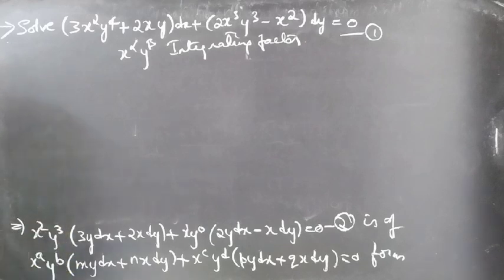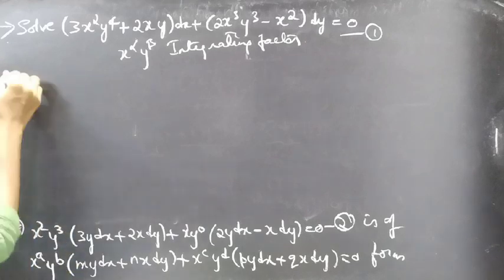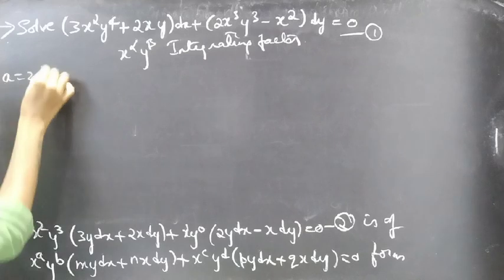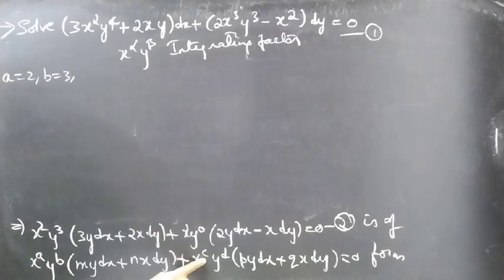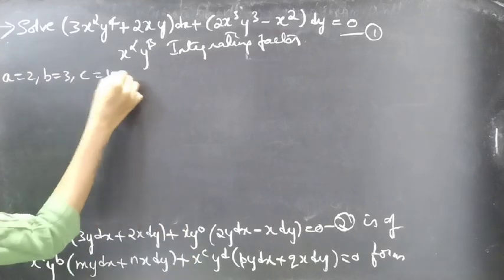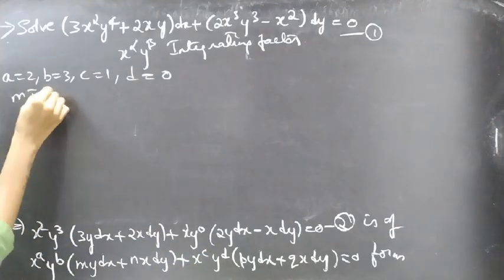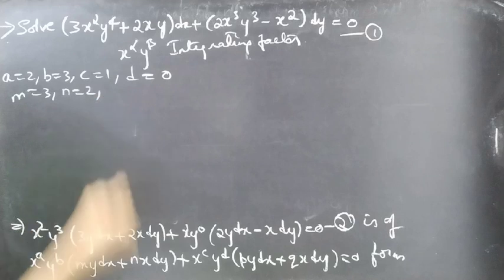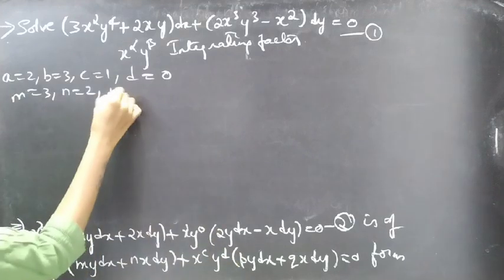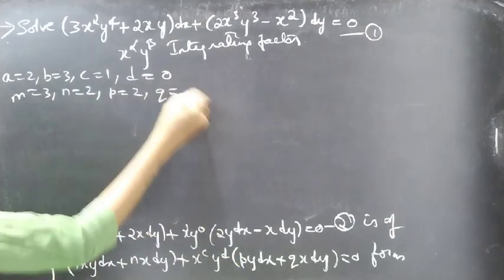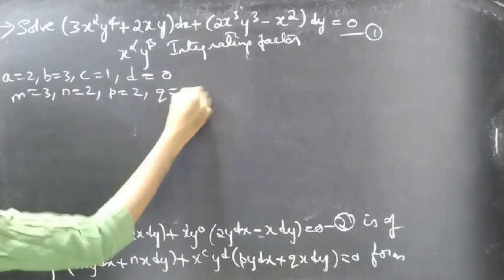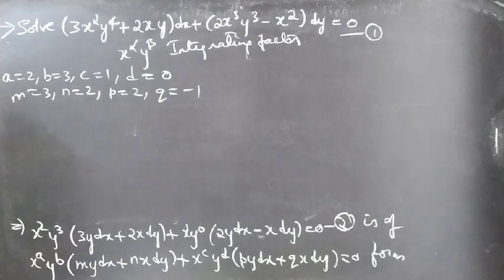Now let's compare these two equations and find the values of unknowns. We'll get a = 2, b = 3, c = 1, d = 0, okay, m = 3, n = 2, p = 2, q = −1, right?